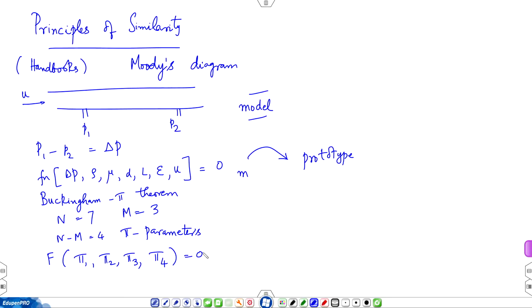So, this basis you will have m of this original set: delta p, rho, mu, d, l, epsilon and u. From here you pick m variables as basis in such a way that all the dimensions involved in the discussion are covered.